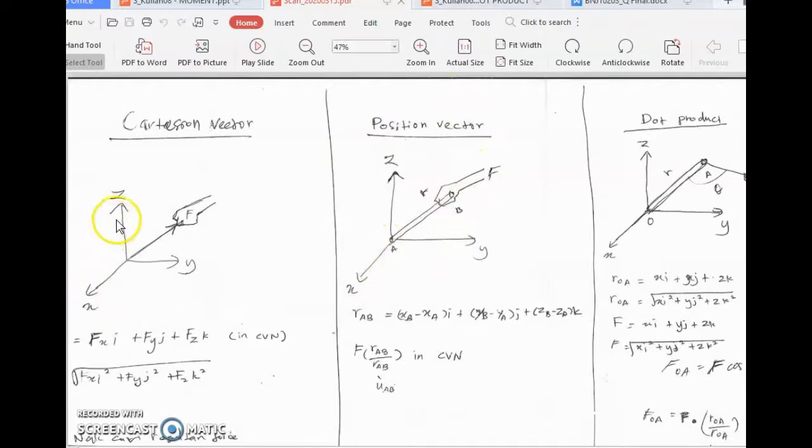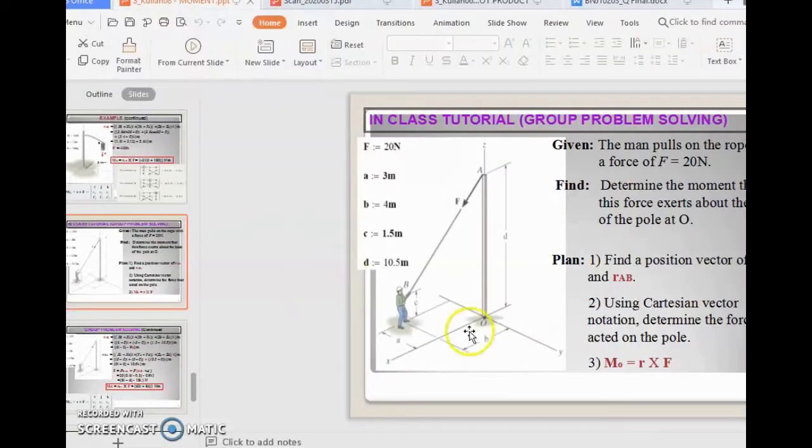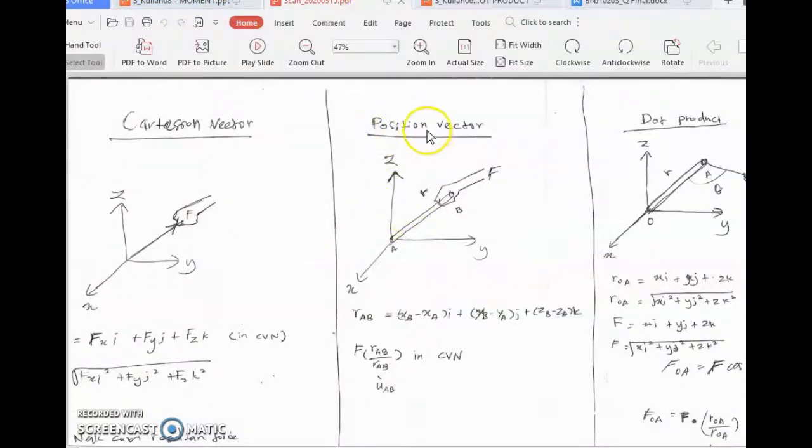This method works if the information of angle is available, but for this question, the information given is only the coordinate system. So to find the force in Cartesian vector form for this cable, you need to use the position vector method.